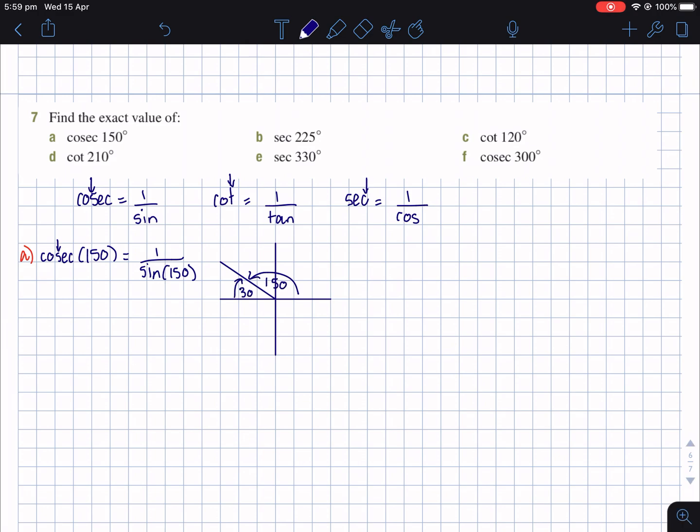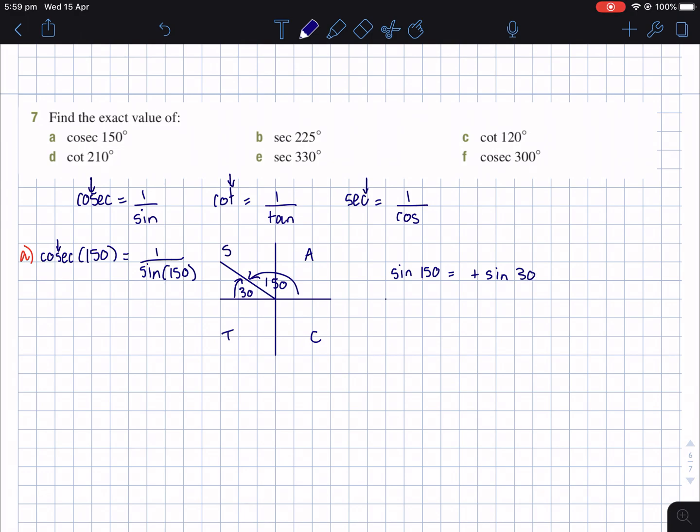You're always looking how far above or below the horizontal line it is, always the horizontal. And if we remember SATC, or all stations to central, or Sex and the City, sine is positive. So all of these things together tell us that sine 150 equals positive sine 30.